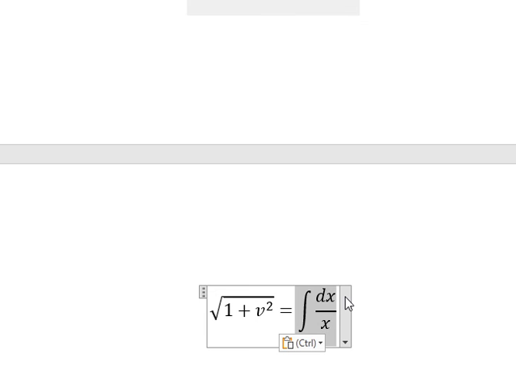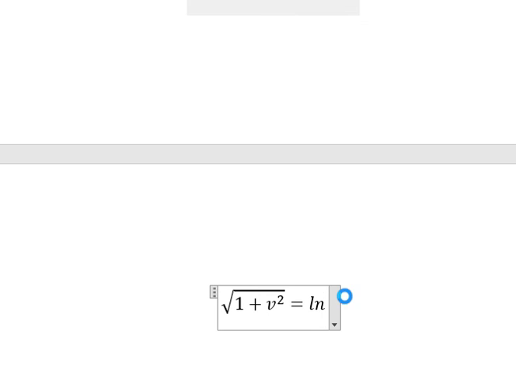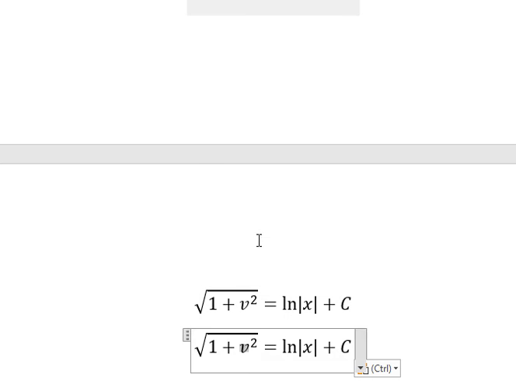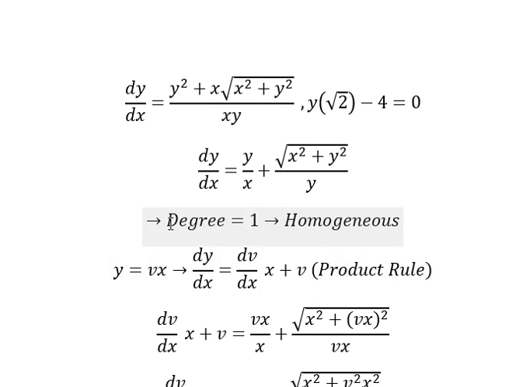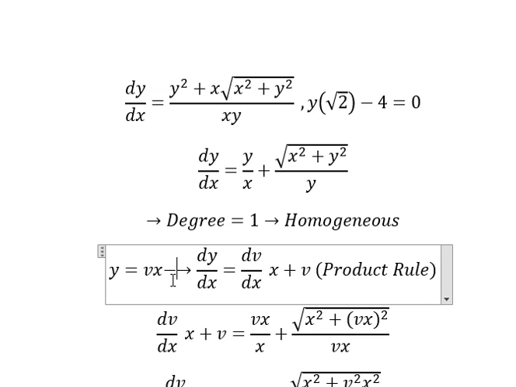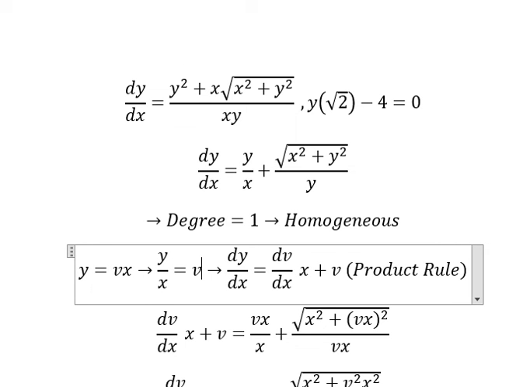This one, we have ln of the absolute value of s, and I will put c. About v, that is about this one. So we divide both sides by s. And now we need to change v into y over s.